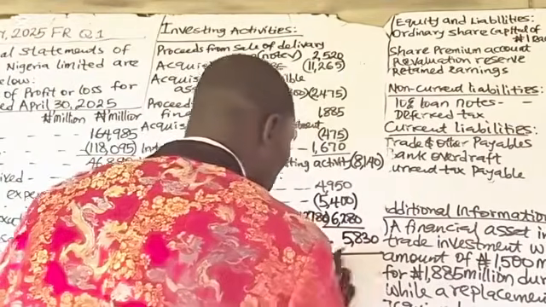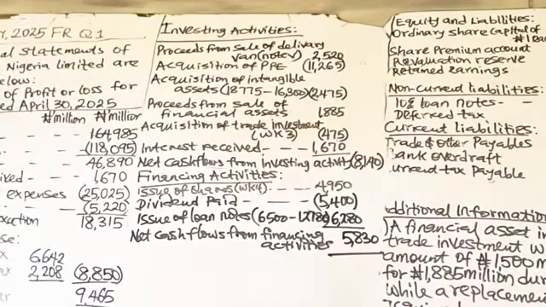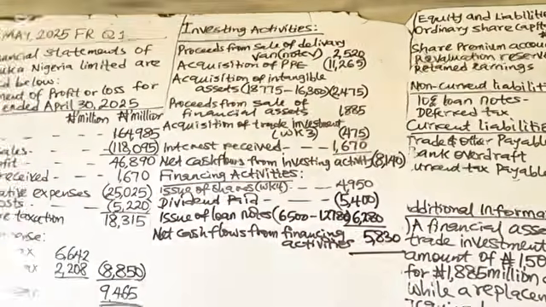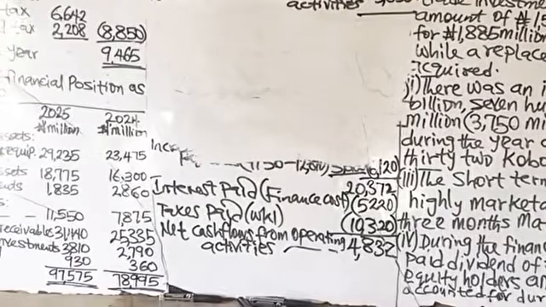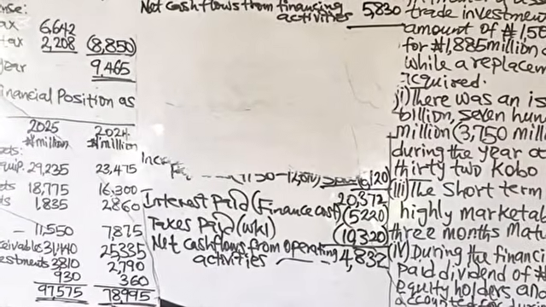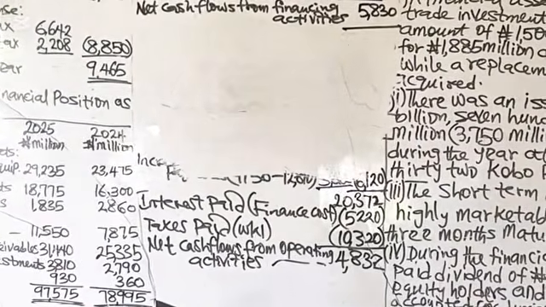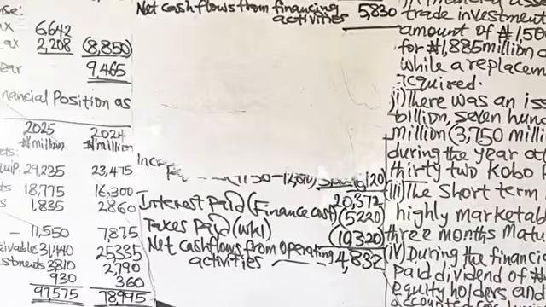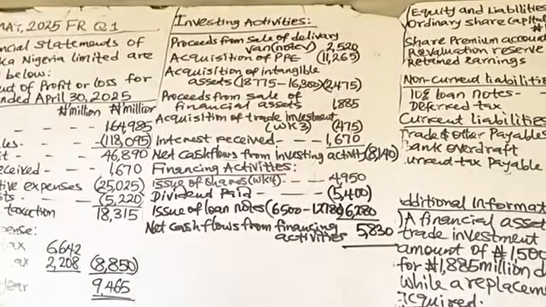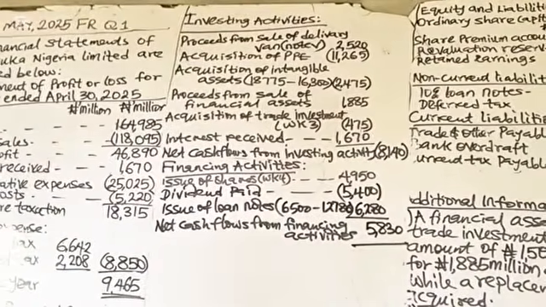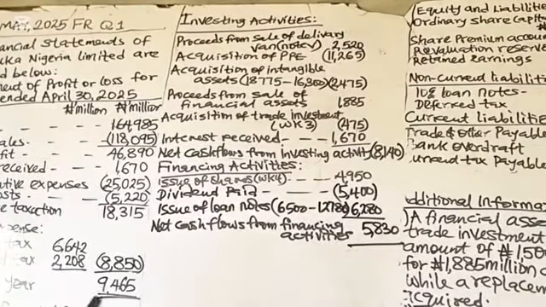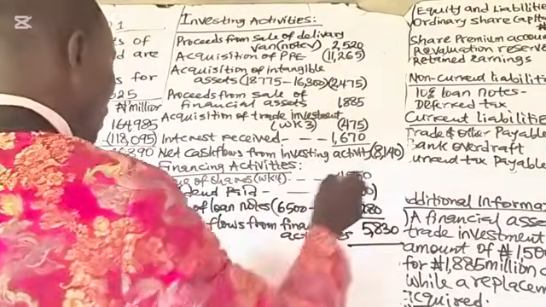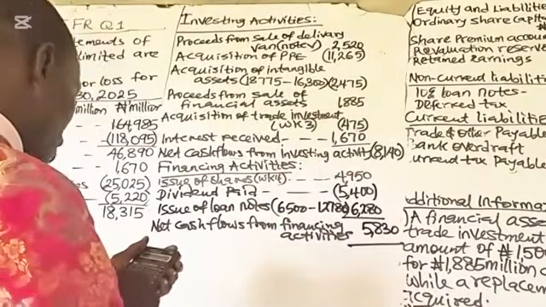Now, we want to sum up the operating activities. How much is the net cash flows from operating activities? We have net cash flows from operating activities of 4,832 positive. The net cash flows from investing activities is negative 8,140.